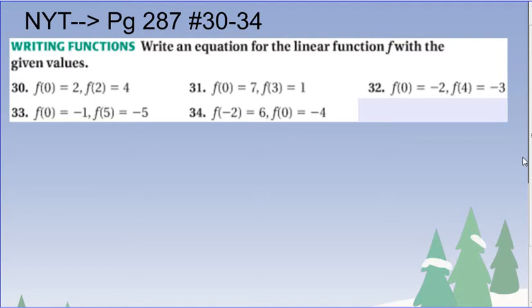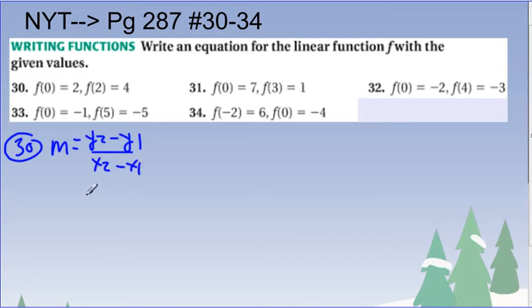Okay, so let's see here. Number 30. We've done a bunch of these by now, so I'm going to start skipping steps, but I'll show the first one here. So m equals y2 minus y1 over x2 minus x1.